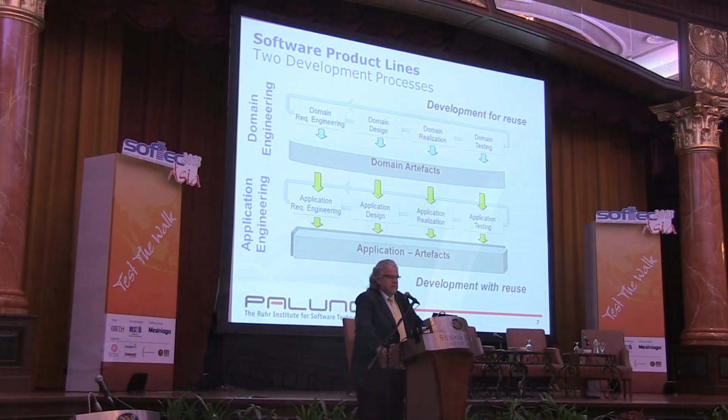As we will see in a few slides, also the variability. In application engineering, the goal is different. It's not that you design a product from scratch and do whatever you want. You use the assets which are defined in domain engineering, and the goal of the application engineer is really to build the software by reusing the things which have been developed before.